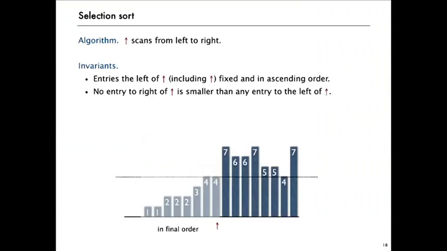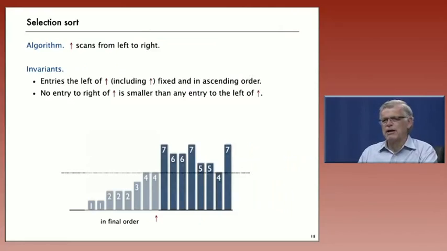All right, so one way to understand the way that an algorithm works is to think about invariants. So for selection sort, we have a pointer, that was our variable I, that scans from left to right. That's indicated by a little red arrow in this representation. The invariants are that the entries on and to the left of the arrow never change, and they're in ascending order.